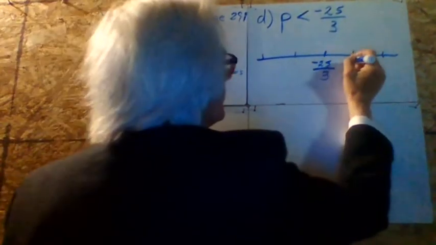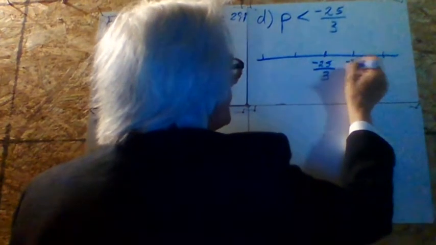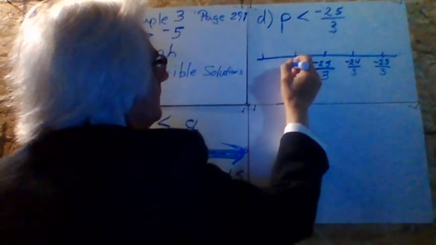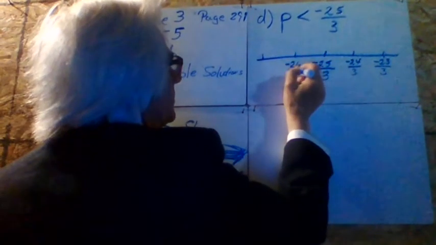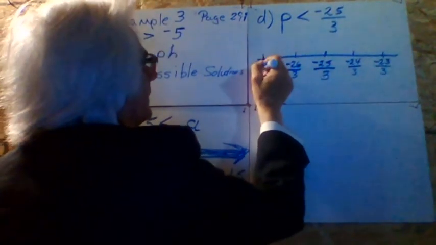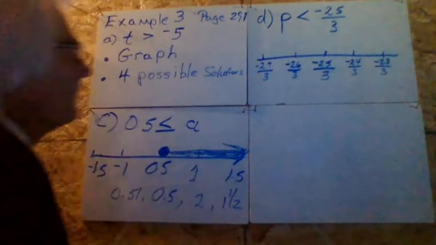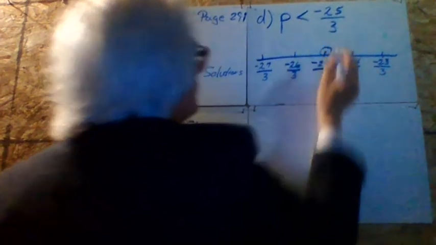So getting larger, negative 24 over 3, negative 23 over 3. Getting smaller, negative 26 over 3, negative 27 over 3. So P needs to be less than negative 25 over 3.